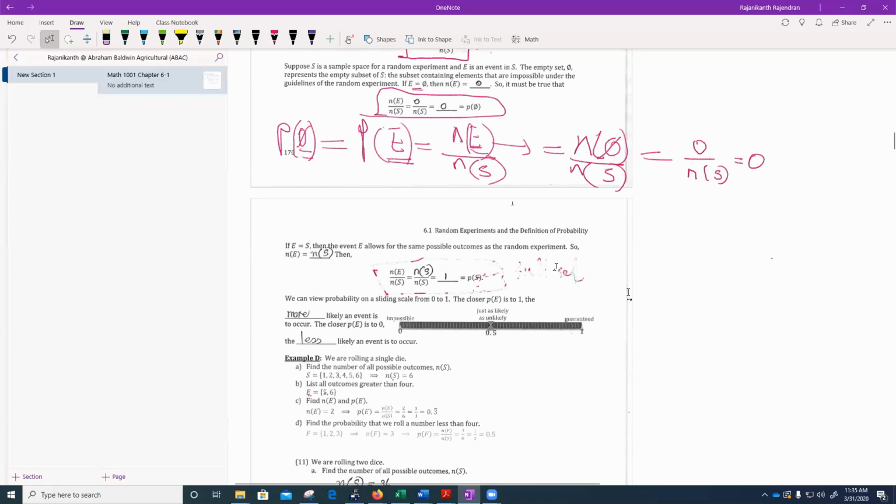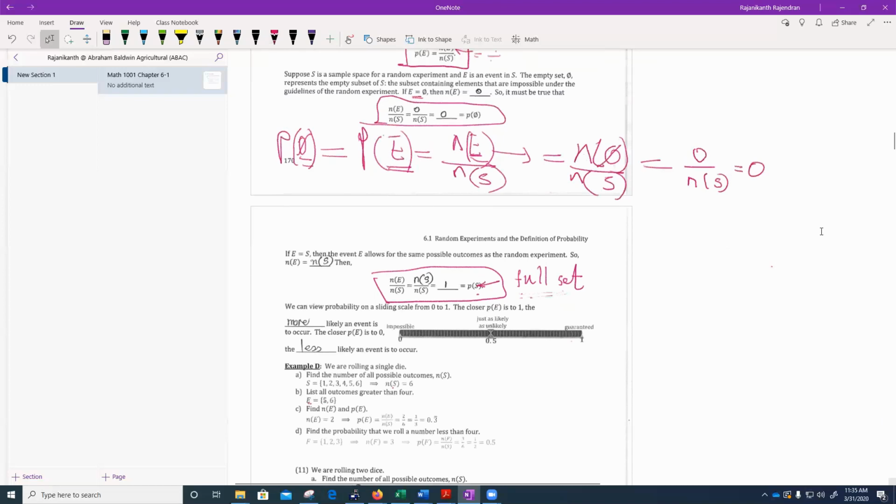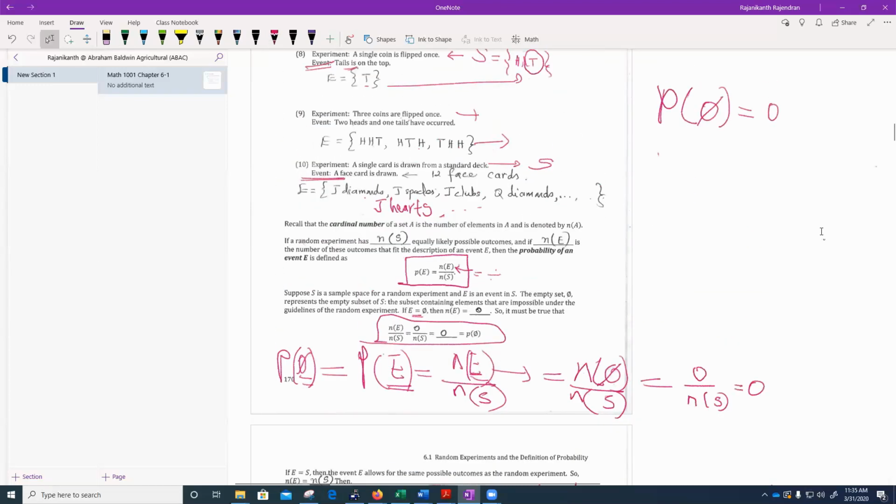Because we are collecting all the outcomes. So this is the empty set, this is the full set. So the probability of the full set is always what? 100%, right? 1. Okay? So the probability of the sample space is always 1. These are the two main results we use hereafter.